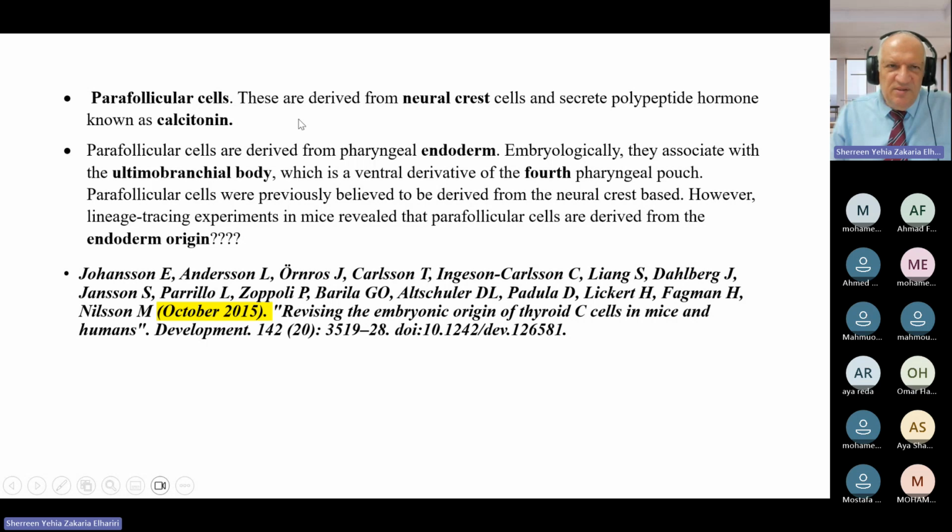So now they consider the parafollicular cell an endodermal cell, not ectodermal. It is still neural crest, of neural origin, but with some element of endoderm.